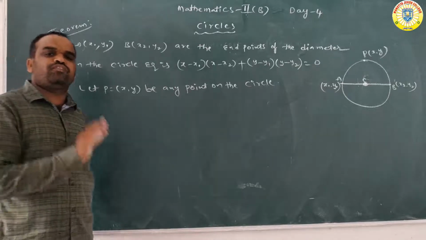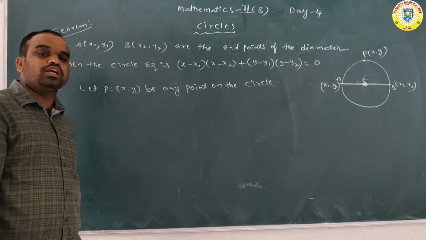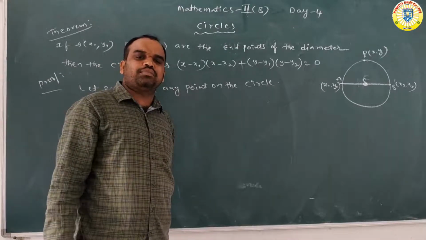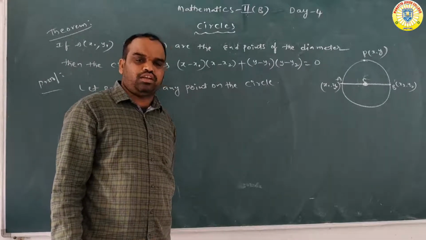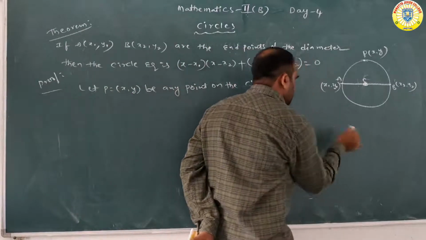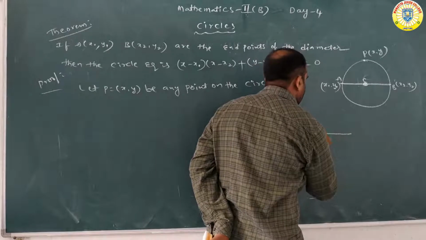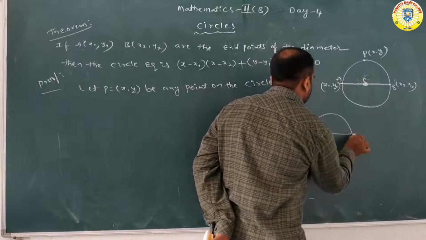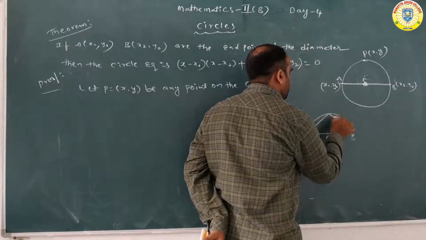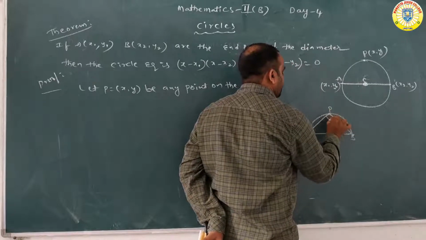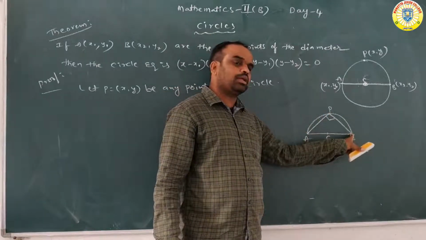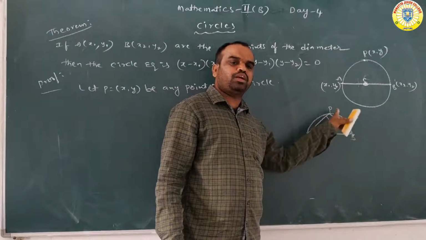In the first year we have already discussed this concept, and now we are reminding it: angle in a semicircle is a right angle. Suppose this is A, this is B, this is the center. Taking any point P on the circle, PA is perpendicular to PB.